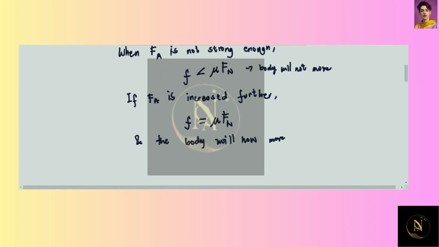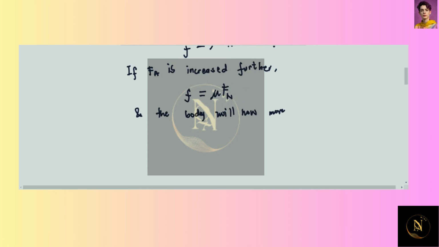Now, let's get back to the instance just before the body moves, where the value of the friction force is less than the product of the coefficient of friction and the normal force.